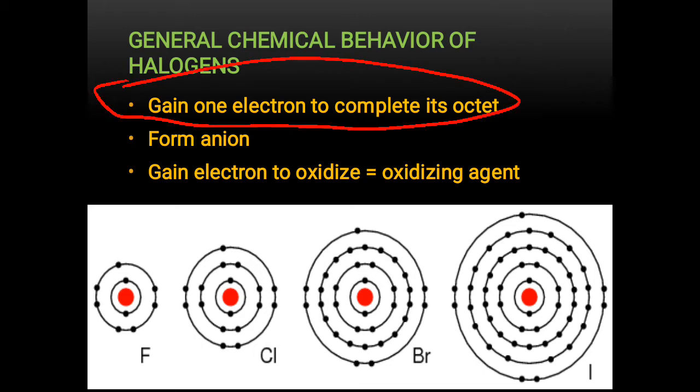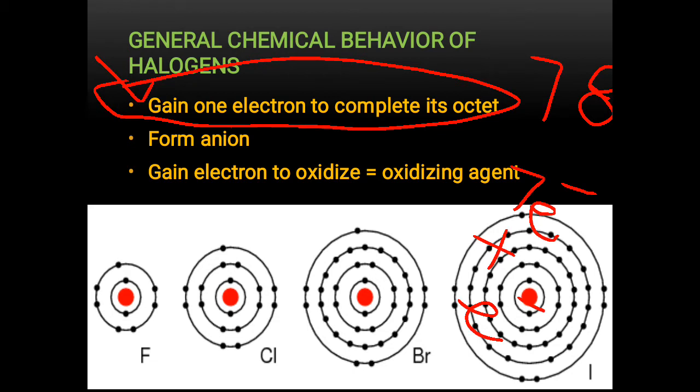When I explained the position of halogens in the periodic table, the group 7 elements have 7 electrons in their outermost shell, and the next group is noble gases, which have 8 electrons. So the general trend of halogens is to gain just one more electron to make a negative ion, and you know the gain of electron is called reduction.